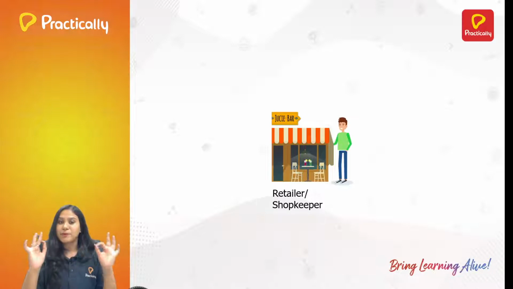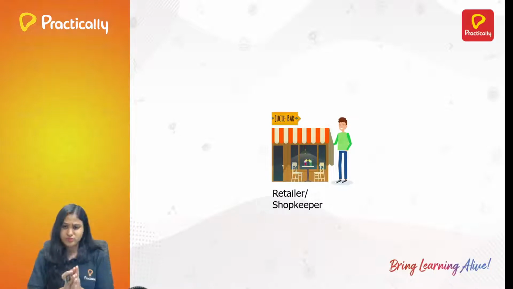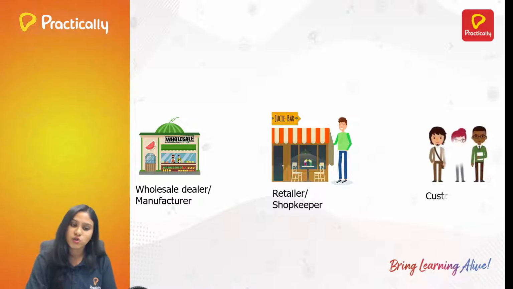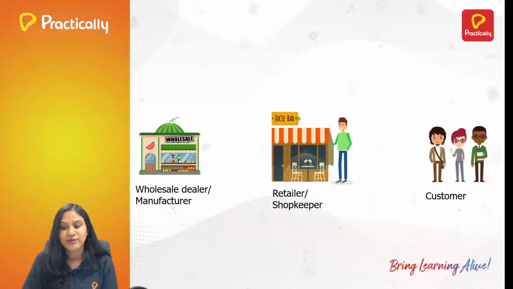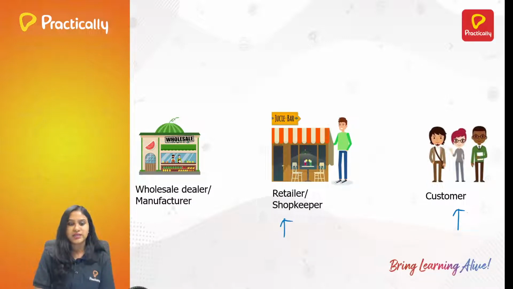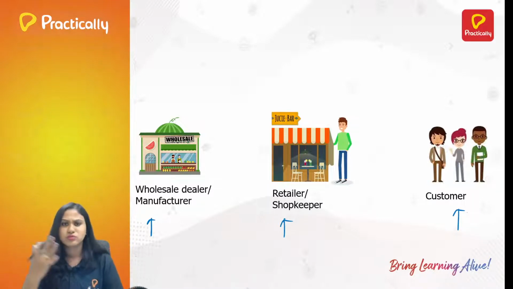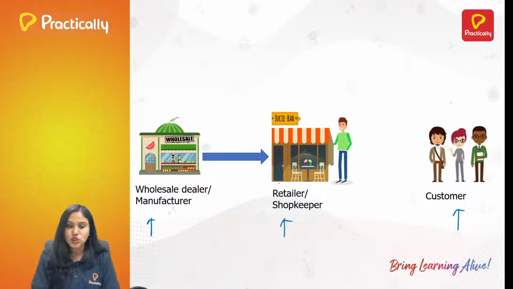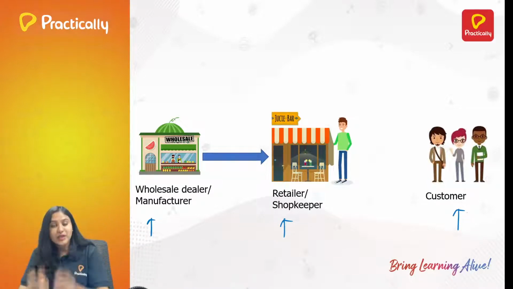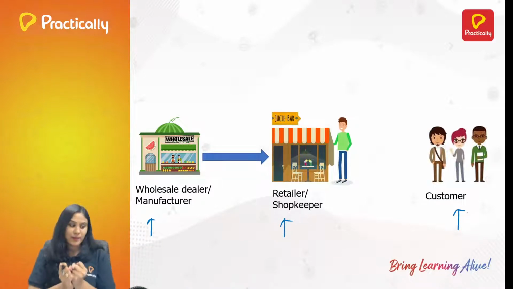There are three people involved: the retailer or shopkeeper, the wholesale dealer or manufacturer, and the customer. First, the shopkeeper will buy something from the wholesale dealer or the manufacturer.